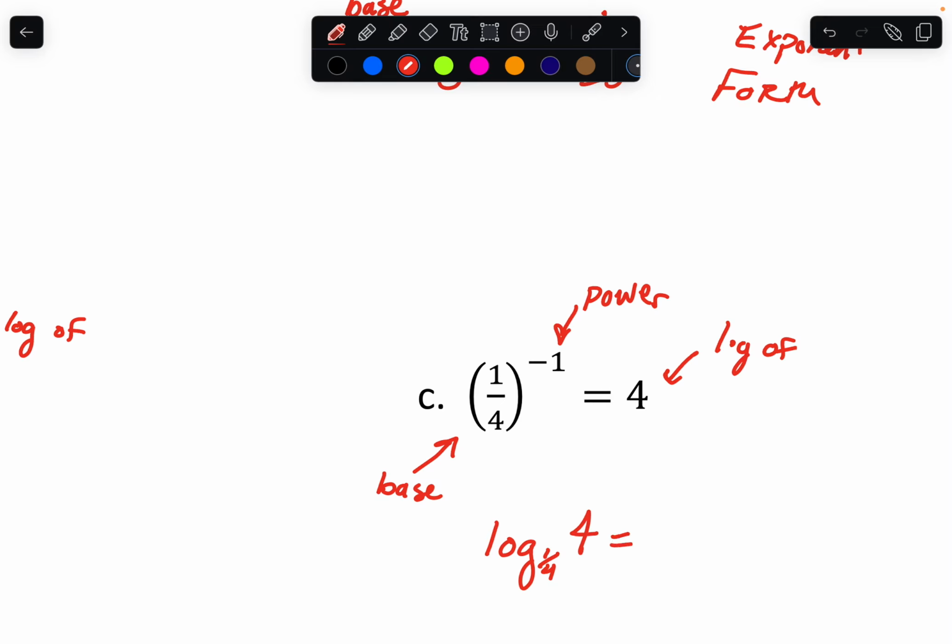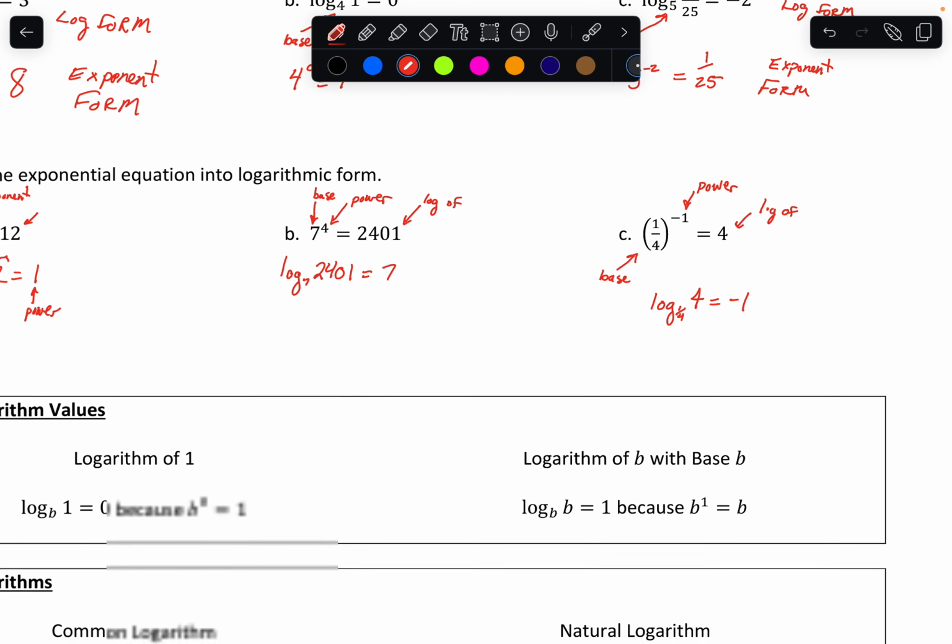And then in log form, the power or the exponent is always by itself, equals -1. Again, logs ask the question, the base to what power gives me the number that I'm trying to take the log of? You'll see why this is helpful when we start trying to solve for these.